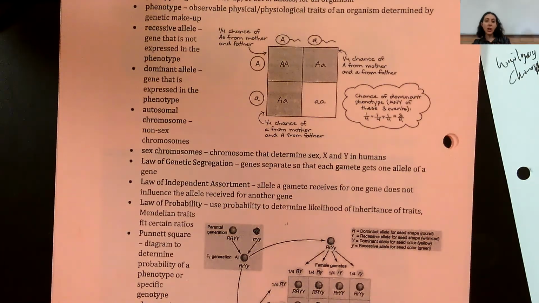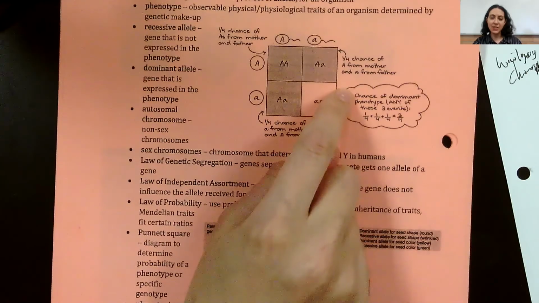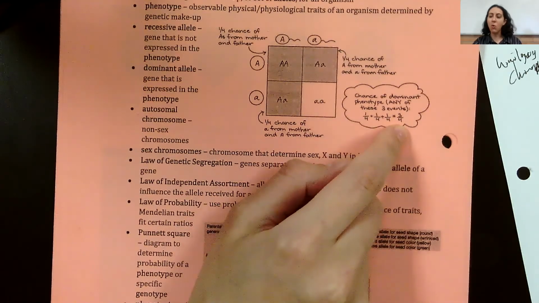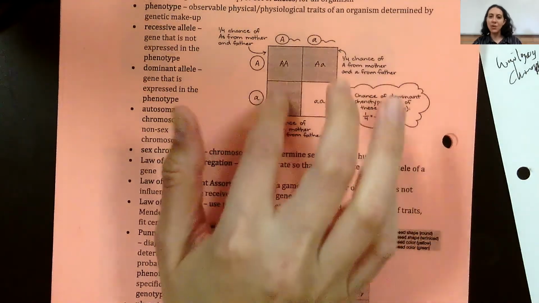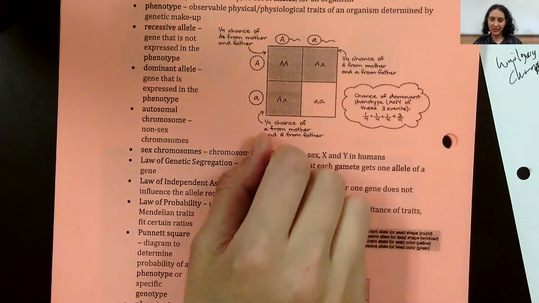So the final law is the law of probability. This one is just the likelihood of inheriting traits. They fit certain ratios that are based off of Punnett squares, like this thing right here. So the chance of a dominant phenotype is 3/4. You can add these percent chances together.